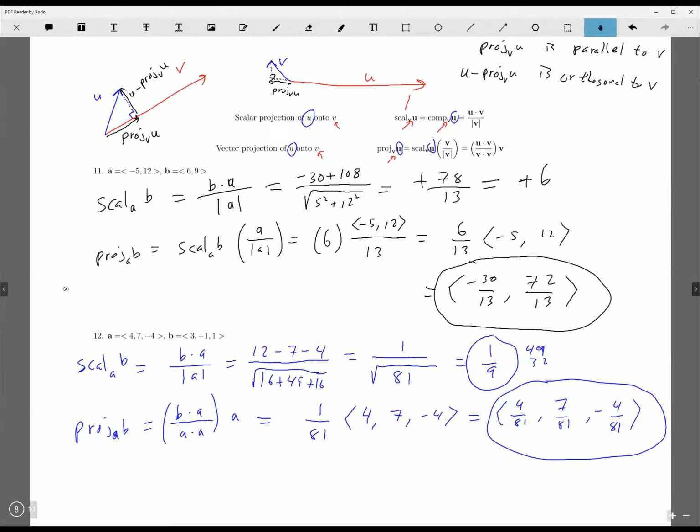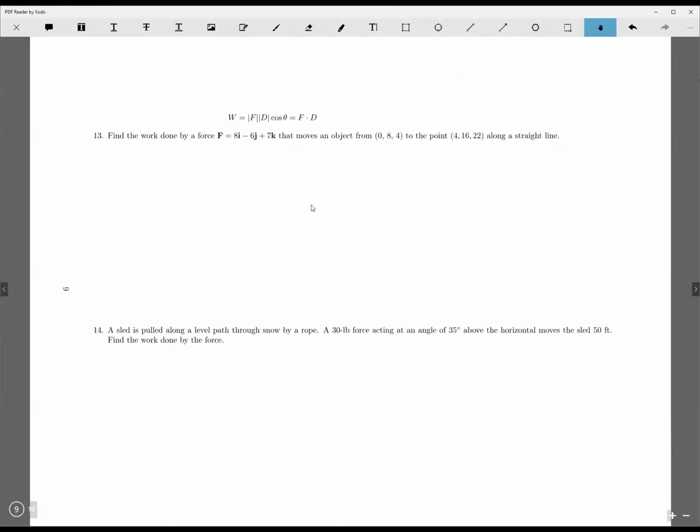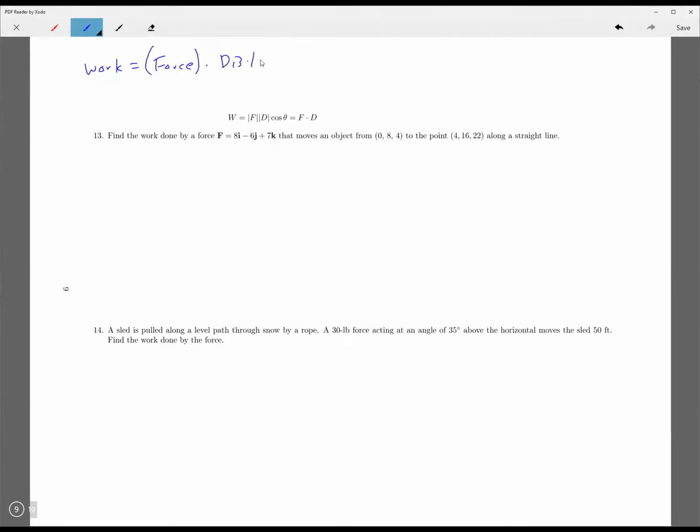Okay, then that brings us to number 13. And this is the last concept, and that is the concept of work. In general, work is equal to the force times the distance. Now, this is when you have the force in the same direction as the movement.